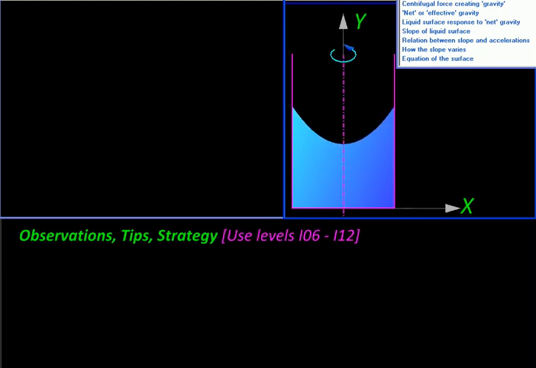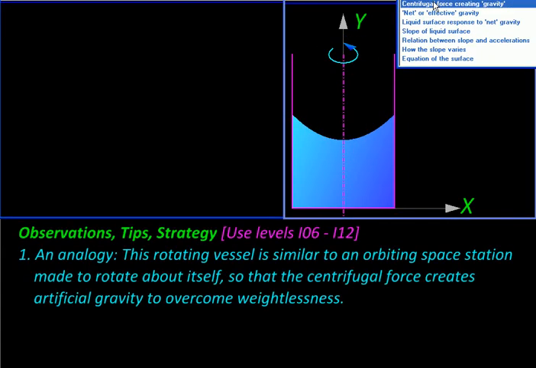To overcome the weightlessness, they make the space station rotate about itself, thereby creating centrifugal force on the occupants who get forced outward, and the outer wall becomes their ground and the centrifugal force becomes their gravity. So that is the analogy we'll be using to understand this problem. The analogy of an orbiting space station where artificial gravity is created by rotation.